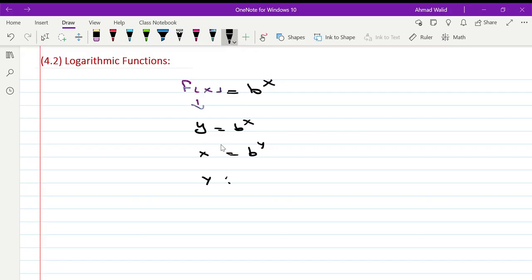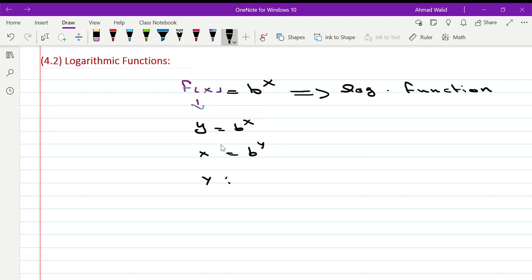What we do here, we introduce a new type of function which represents the inverse of an exponential function, and we call those functions logarithmic functions. Correct? It means, in a very simple language, a logarithmic function is the inverse of an exponential function.